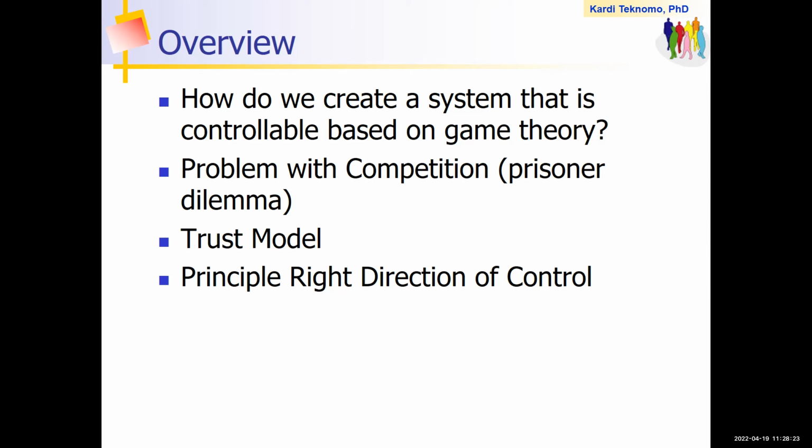And I want to point out two here: the prisoner dilemma model and the trust model that we discussed a while ago. And then I will discuss the principle and right direction of control and how you will design the system to be controllable based on what you want.